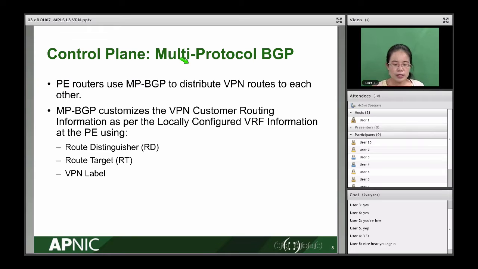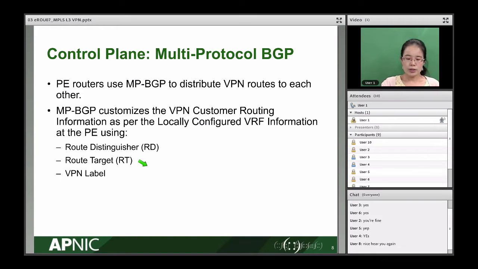And so when we are using layer 3 VPN, there are some terminologies used. One is RD, one is RT, and also a VPN label will be allocated by MP-BGP. So BGP here will allocate labels, only for the VPN label. We are talking about MPLS, and in MPLS we use labels for forwarding.